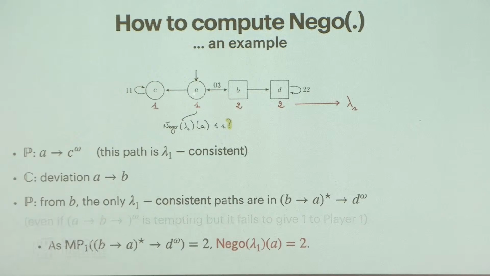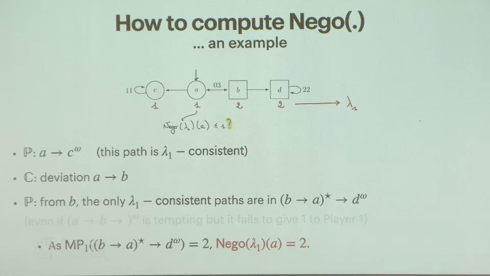First the prover will say, no, you cannot obtain more, so I propose A and C omega. And he can do that, because A, C omega gives 1 to player circle, which is consistent with the current annotation. But then player circle says, no, I'm not happy with this. I would like to deviate to B.